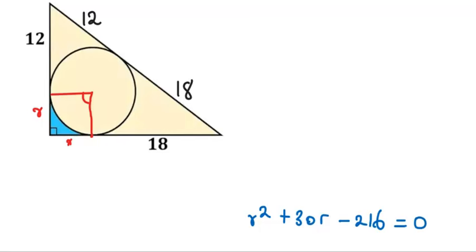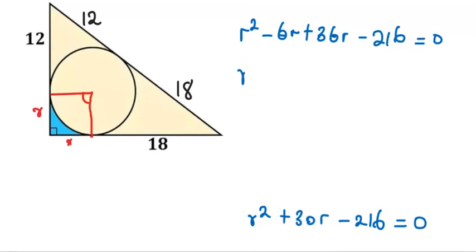Here, we're going to think of two numbers whose product is negative 216 and whose sum is 30. So I'm thinking of negative 6 and positive 36. So we're going to write this as r squared, then minus 6r plus 36r, and then minus 216, and this is equal to 0.